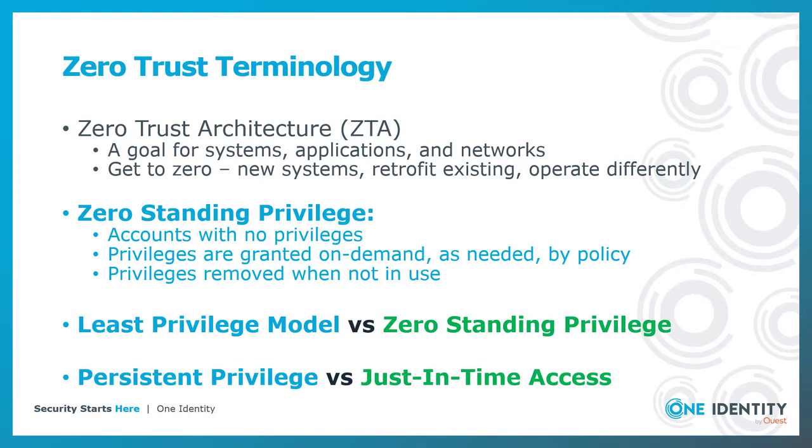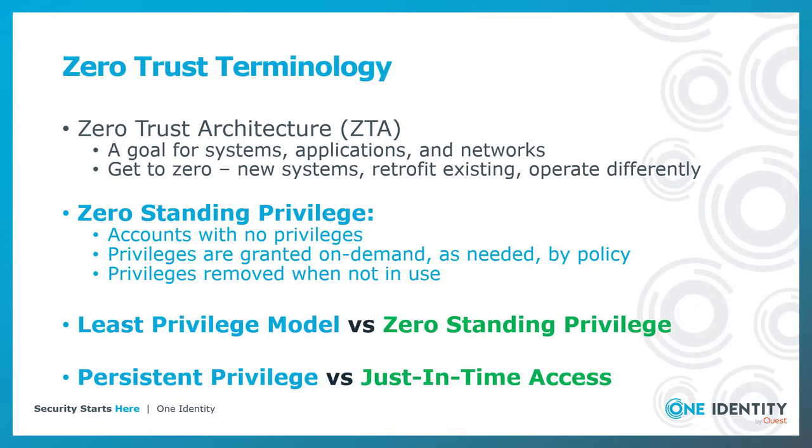We compare this to our old least privilege model that we've been working on for years and really getting the users and the administrators and the people that need elevated rights the exact set of permissions that they need to do something. When we build that into our environment, that's really said to be a persistent privilege. So if I'm a new administrator to an environment, you will focus on the rights that I need to administer the systems that I need to do, and then not have permissions on anything that I don't need to administer.